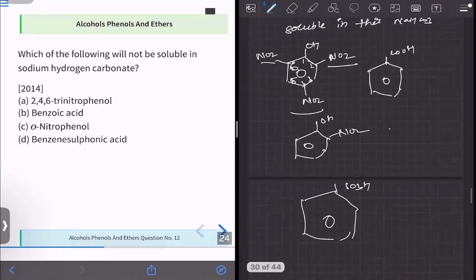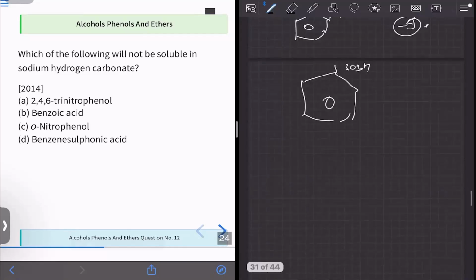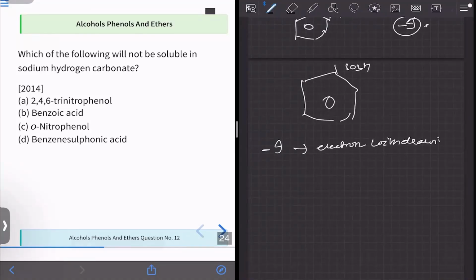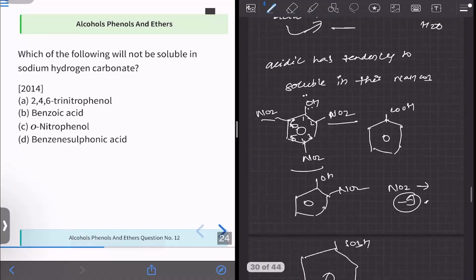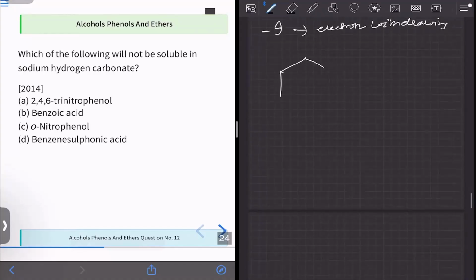Nitro and NO2 groups are highly minus I groups. What is meant by minus I? These are electron-withdrawing groups. So they withdraw electrons from the oxygen lone pair, making the bond between O and H more polar. So H can be easily donated.